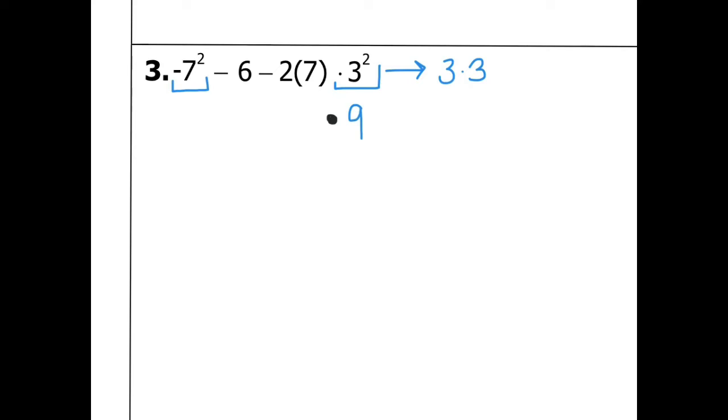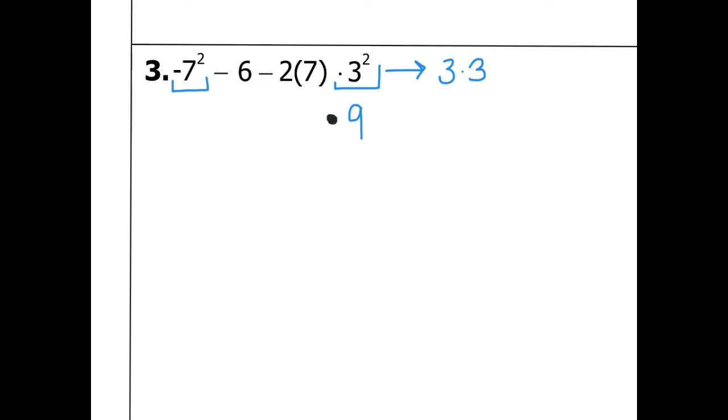So the next exponent that I need to look at is this 7 to the power of 2. Now you're going to run into a couple different cases with a negative number before an exponent, and each case is a little bit different. What I'm going to tell you about this one is, without any parentheses and without any substitution of letters, we're going to take 7 times 7, or 7 to the power of 2, and whatever our answer is, we're going to make it negative.